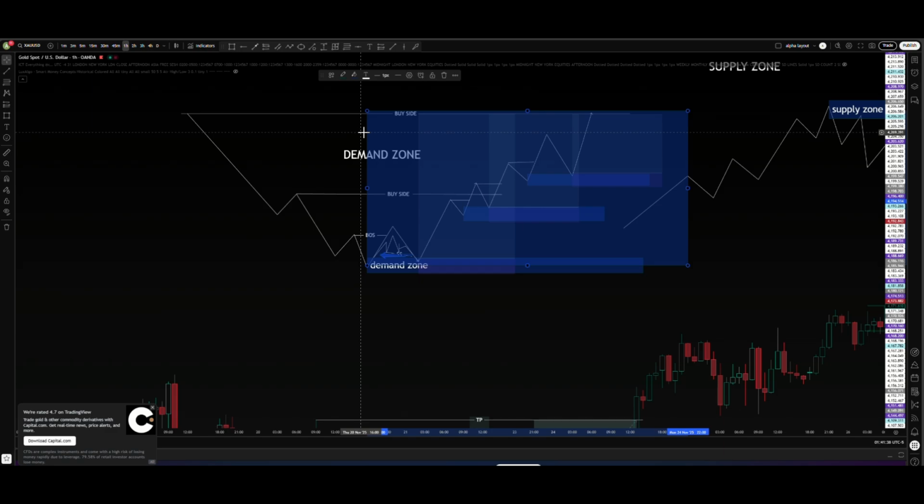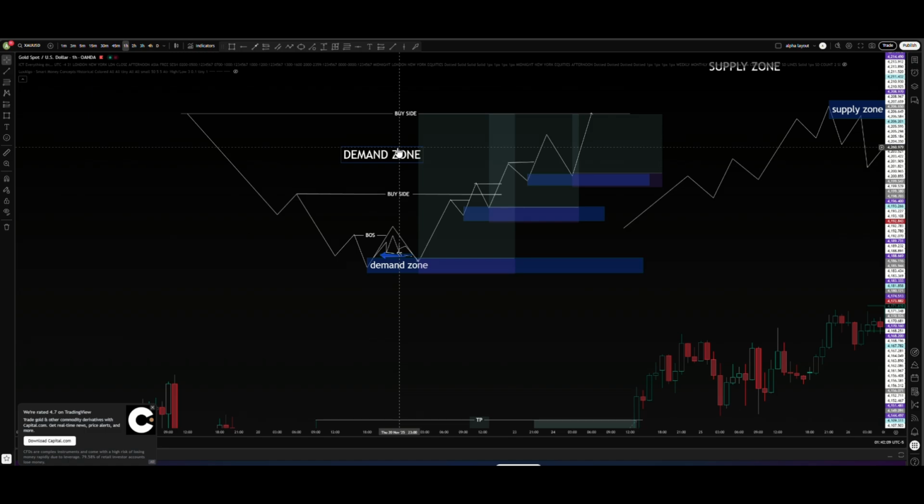It's a price zone where big institutions previously placed large buy orders, causing price to move up very fast. This was a place where the institutions placed their buy orders previously, then the market came back to this zone, it reacted again and went up.